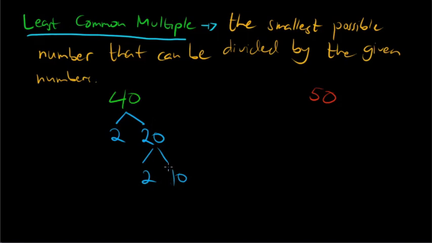But unfortunately, 10 is not prime yet. So we need to break this down into 2 times 5. 5 is a prime number already, which means ito na ang ating mga prime factors. Let's check. 5 times 2 is 10, times 2 is 20, times 2 is 40.